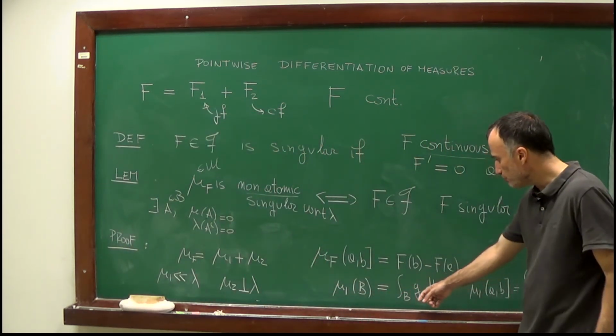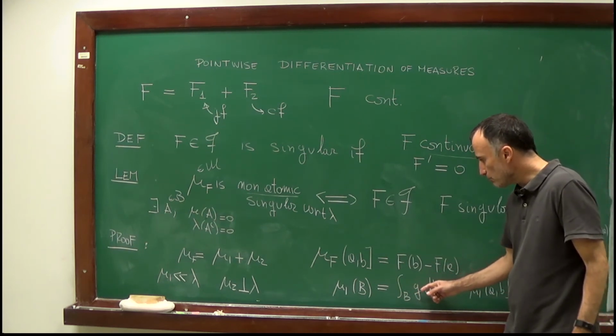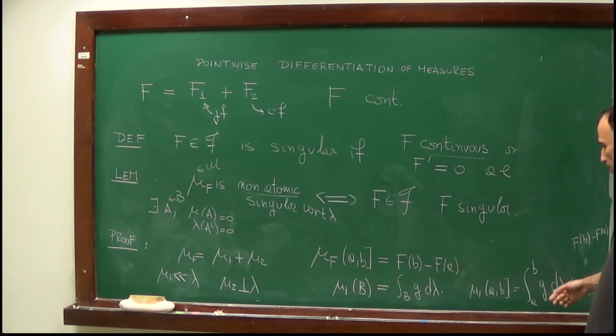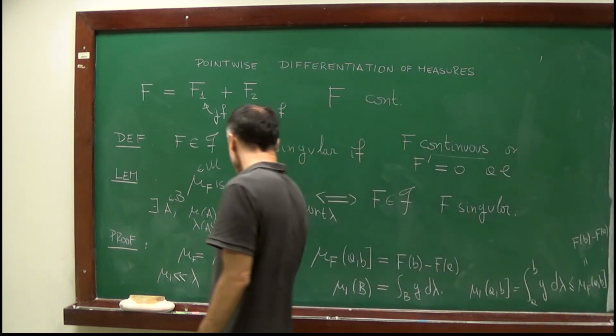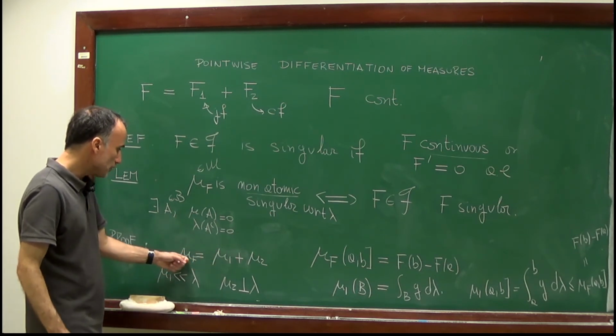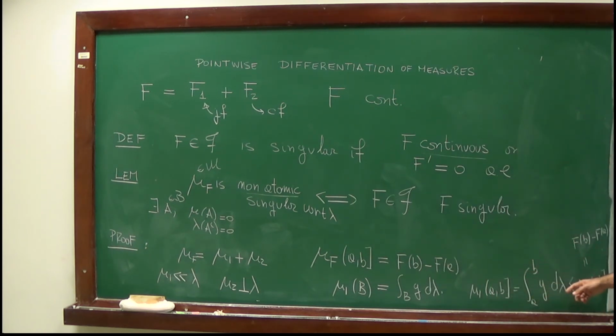Fine. Since mu1 is the absolutely continuous part, we know that for any set B, mu1 of B can be written as the integral over B of some function g d lambda, where g is the Radon-Nikodym derivative of mu1 with respect to lambda. In particular, if I take the interval ab, mu1 of ab is the integral over ab of g d lambda. And since mu1 plus mu2, which is non-negative, is equal to mu f, mu1 of ab is bounded by mu f of ab, and mu f of ab we know is f(b) minus f(a).